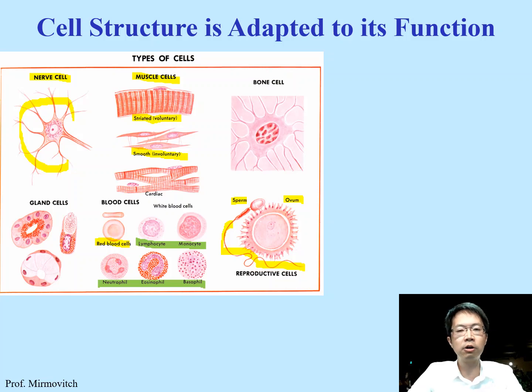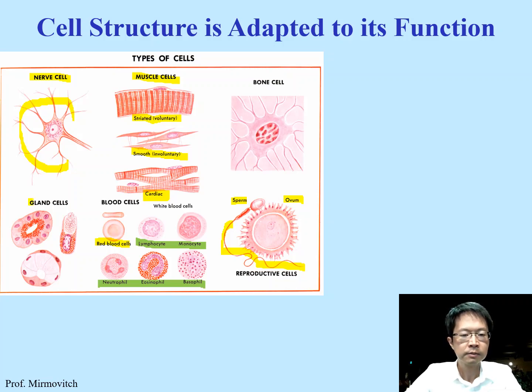That means we cannot control the contraction and relaxation of the smooth muscle cell. Where do we find the smooth muscle cell? We can find smooth muscle cells in our GI tract, our digestive system, and also around the blood vessels. Last but not least, cardiac muscle cells. You can find cardiac muscle cells in your heart only. It is also involuntary.